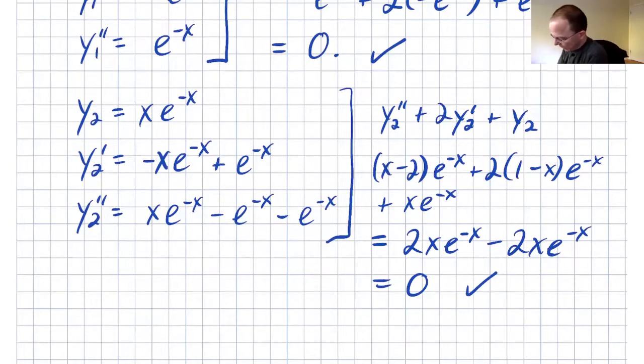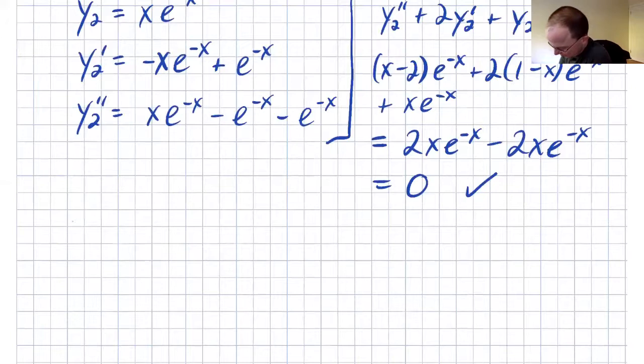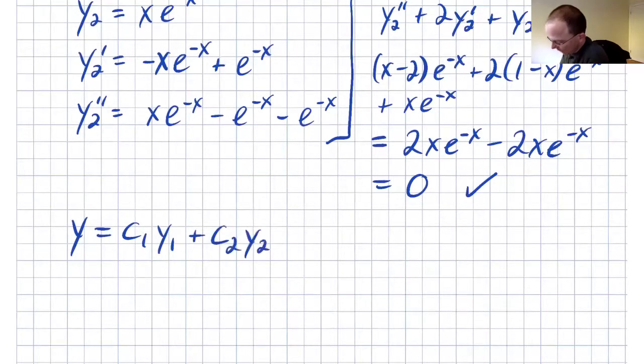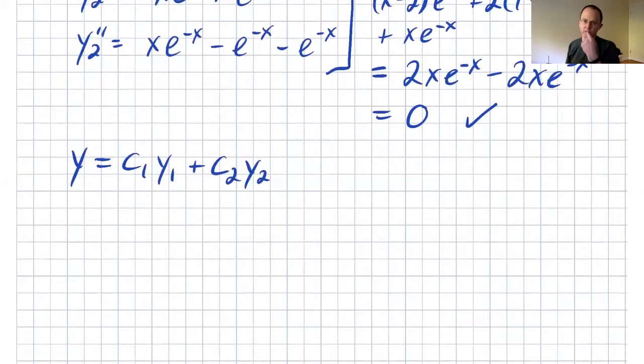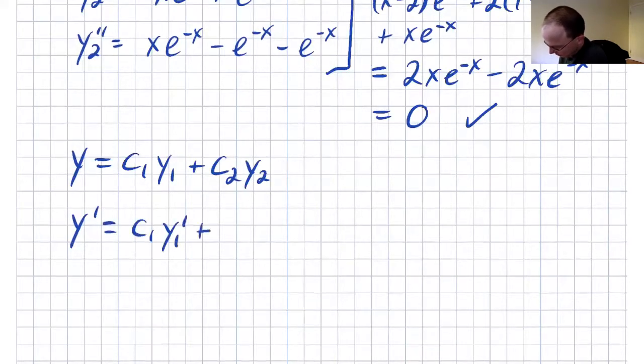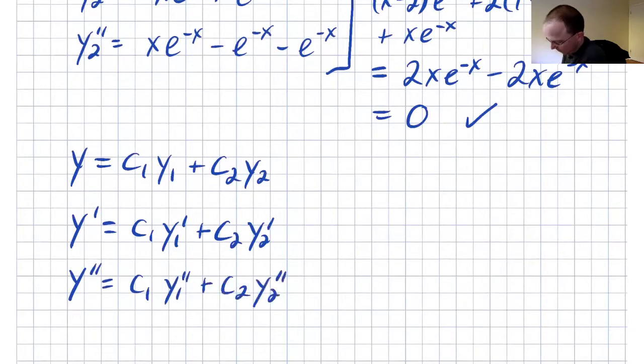Okay, so now we want to show that if we take y equals c1 y1 plus c2 y2, that this is a solution of the differential equation as well. So let's see how this works. So let's take the derivative of this. This will be c1 y1 prime plus c2 y2 prime, and y double prime equals c1 y1 double prime plus c2 y2 double prime.